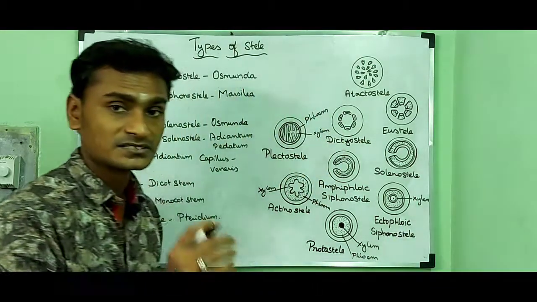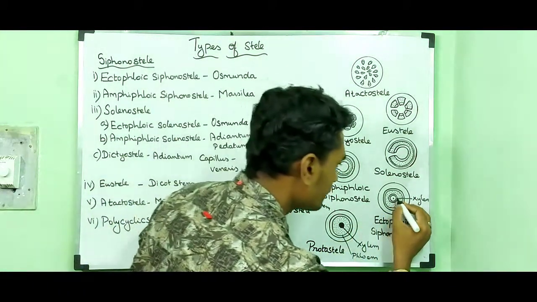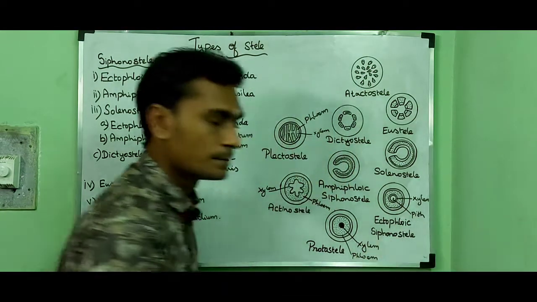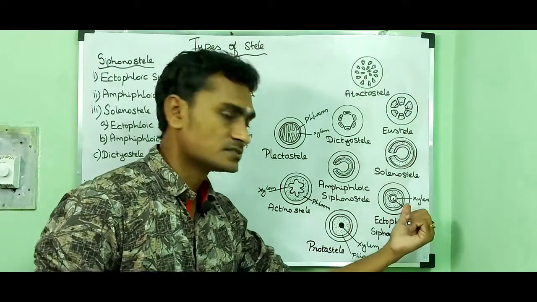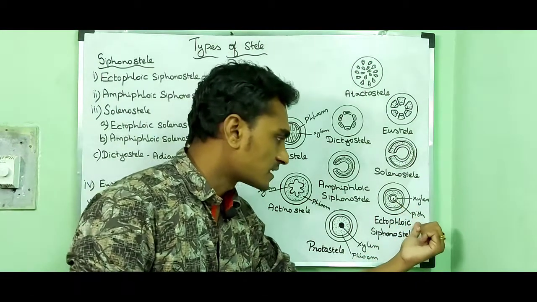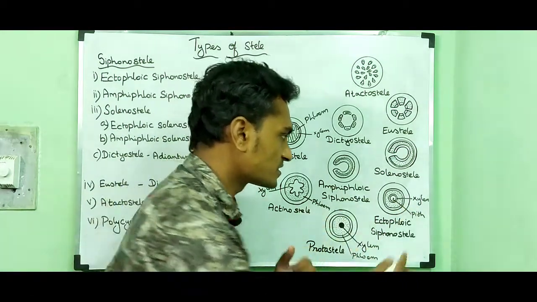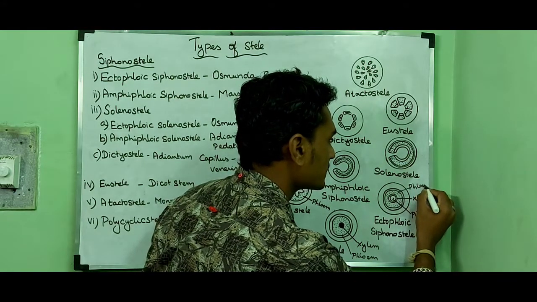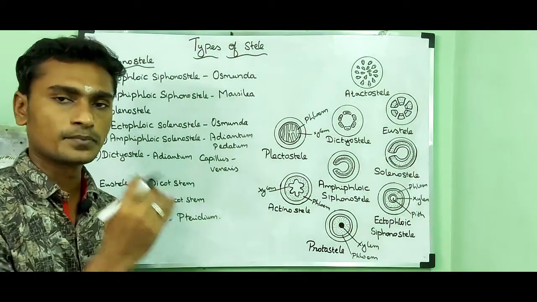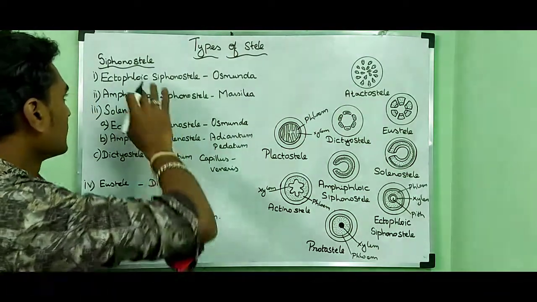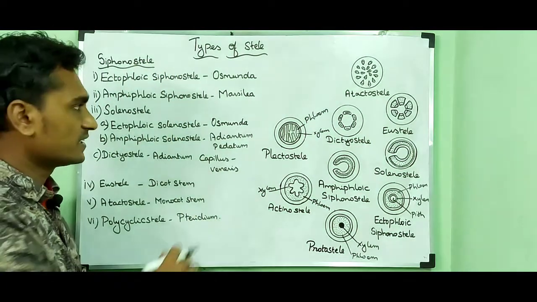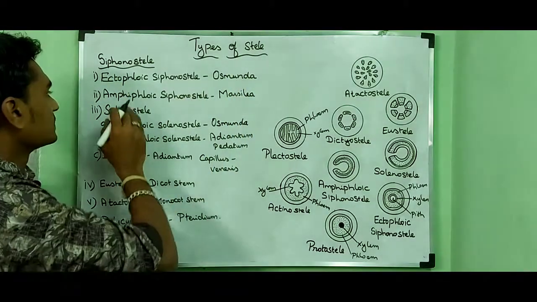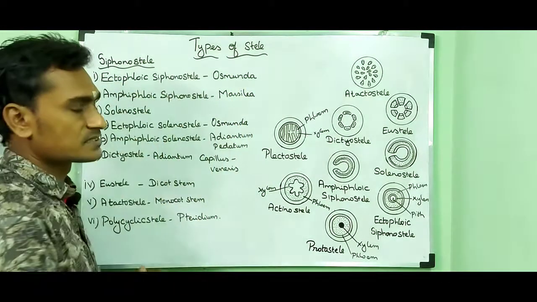The xylem concentric ring surrounds the pith. This region is called pith. Next to xylem, the phloem concentric ring is present, and that type of steel is called ectofolic Ssiphonosteel. Example Osmunda.